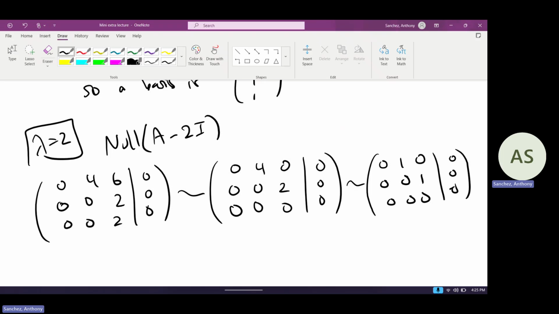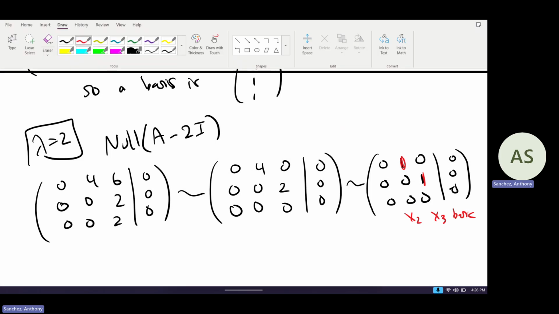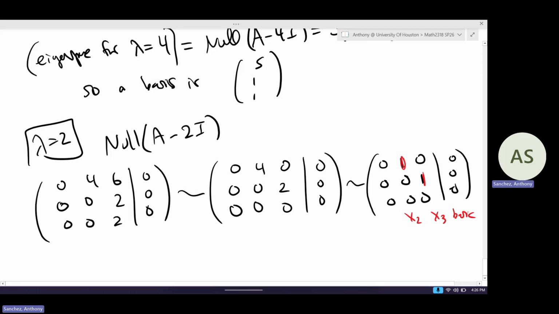All right, and so now kind of the $1,000,000 question for you guys is, can you recognize what the pivots are here? I think this is slightly different than what you guys are used to seeing. I hope everybody can see that this right here is a pivot, this right here is a pivot, so x2 and x3 are basic. And then that means that x1 is free.